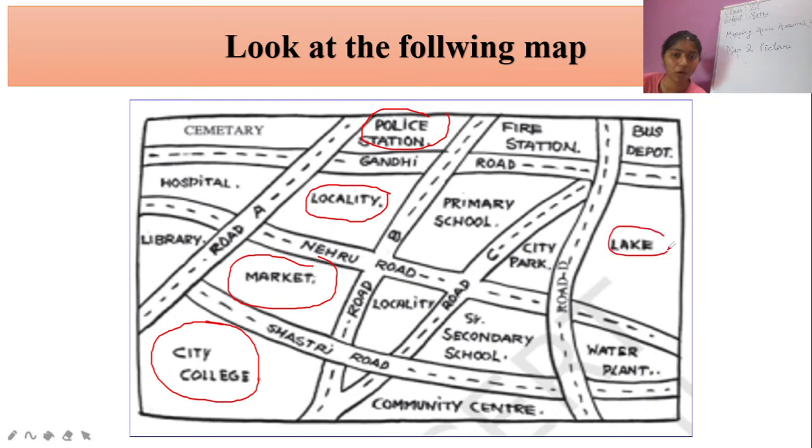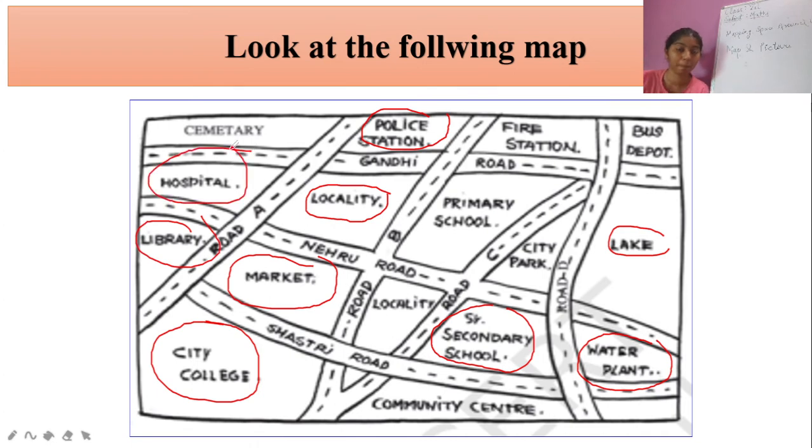So all these things we have, students. The secondary and senior secondary school, water plant are also there. See, we have a library also, a hospital also. This is a map of a city.